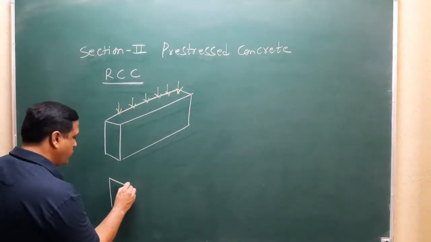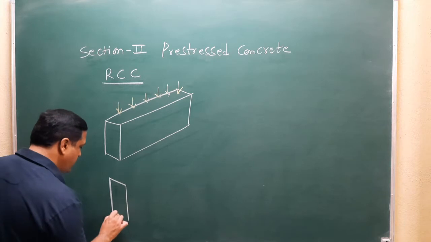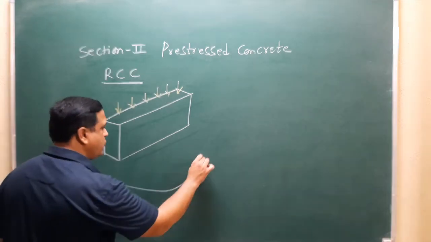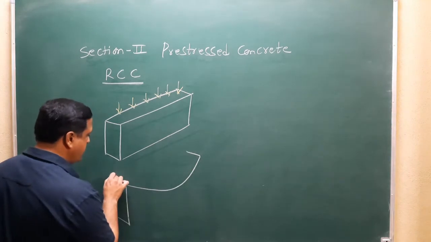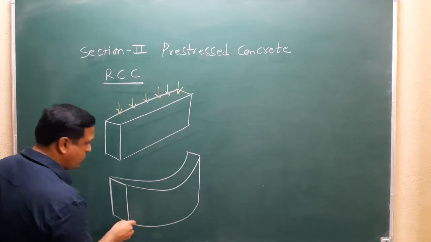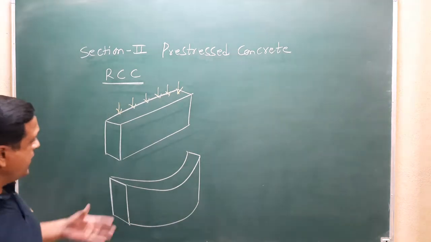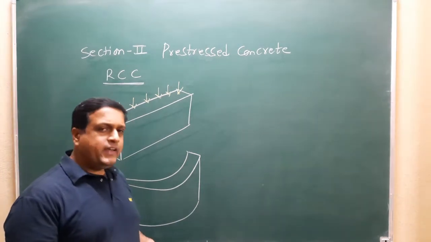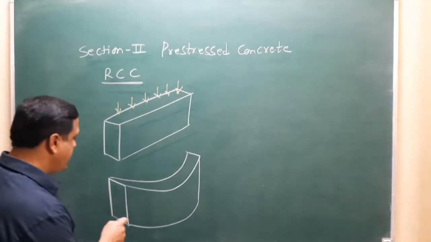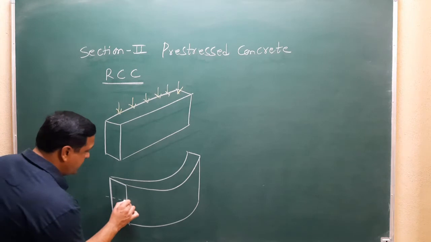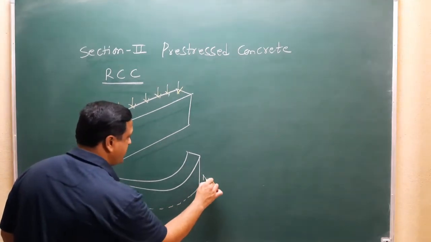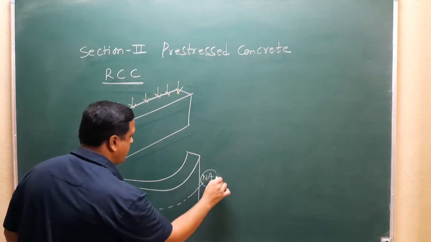Now, considering the simple bending theory, due to that bending, the beam develops one axis, and that axis is called a neutral axis.